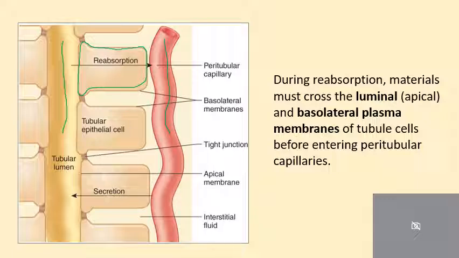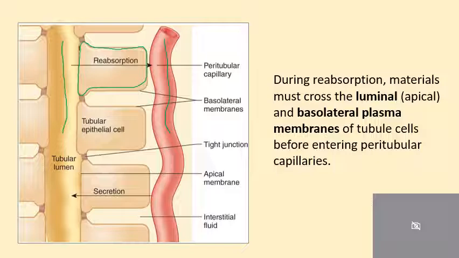These epithelial cells, their surfaces have different names because they perform different functions. If something doesn't have a function, we have no reason to give it a name. These cell surfaces function differently to each other during reabsorption and secretion. So let me change colors here to show you the cell surfaces.